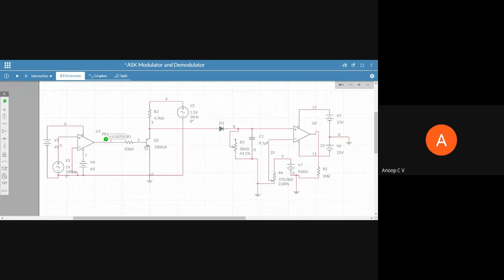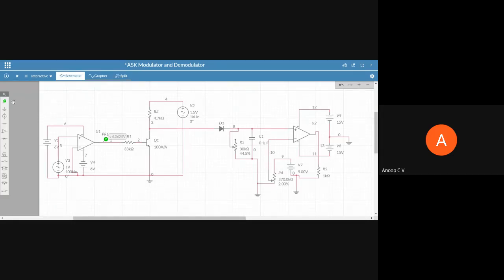But whenever it is off, a carrier pulse of the duration of that bit will be available at the output. That is how the modulation happens. I think that was very well explained in the video which was shared.